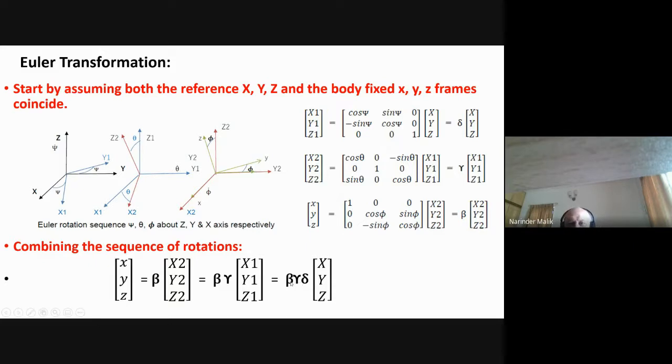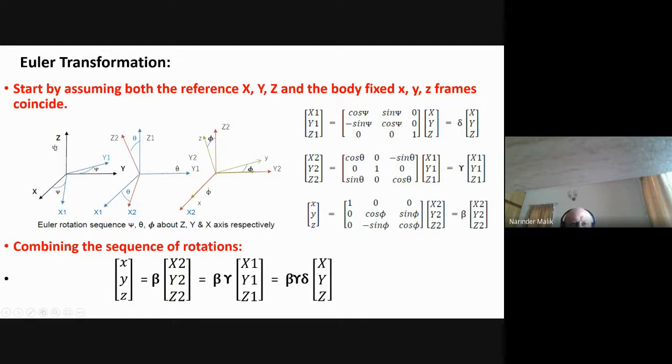These three rotations have to happen in this manner, and these three matrices will be written in this manner. That will represent the body. Now this psi dot is called the Euler rate. Theta dot is called the Euler rate. Phi dot is called the Euler rate.